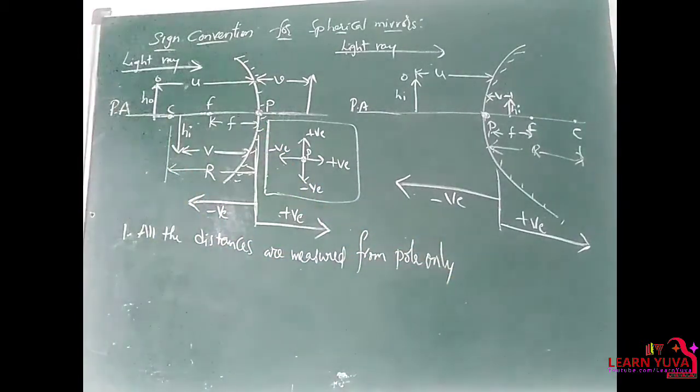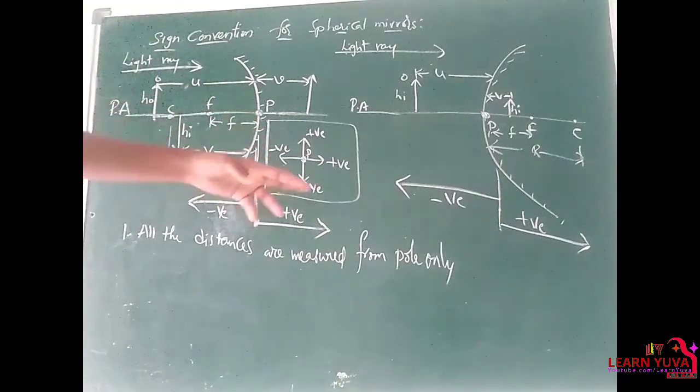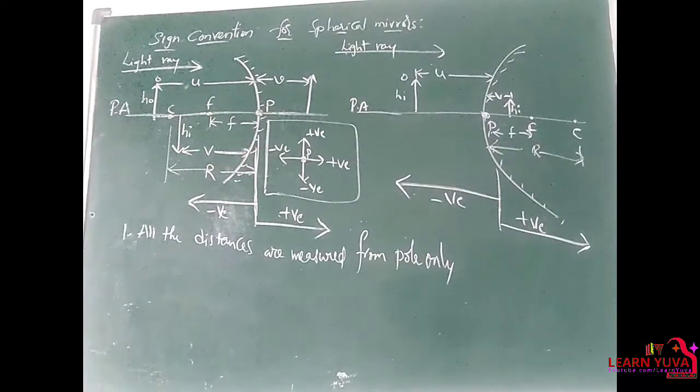Whatever it is, f, v, u, R, h, h naught, if these are measurable from the pole, those distances should be measured from the pole only.